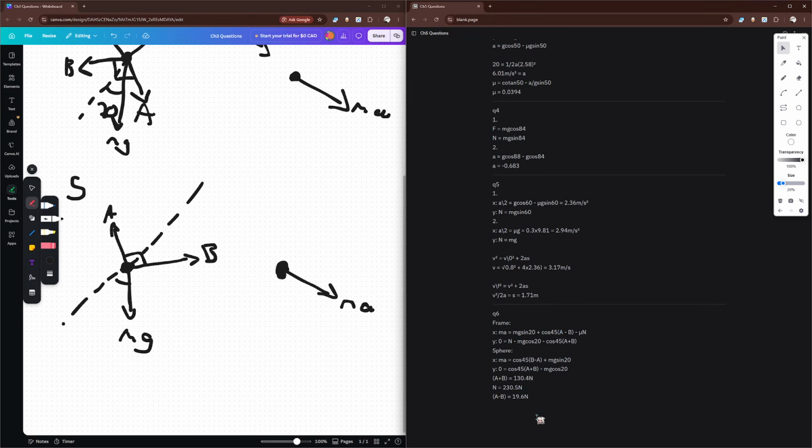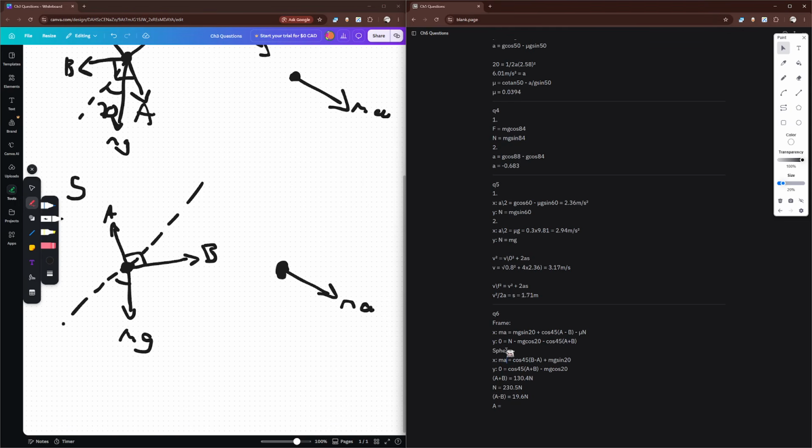We can do elimination. So add this equation and this equation. We get that a is equal to, or wait, sorry. The accelerations are equal. You would solve for the accelerations in these to solve for what a and b are.